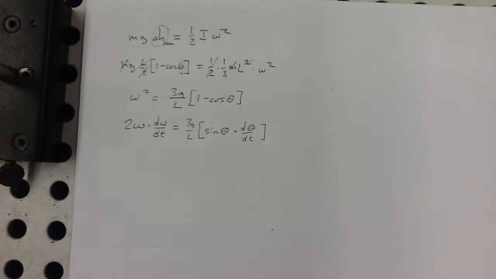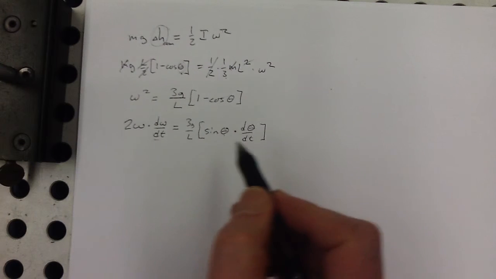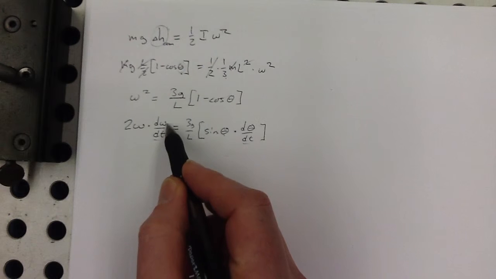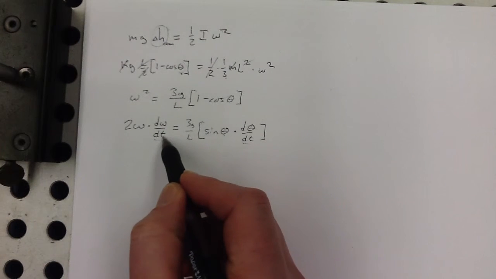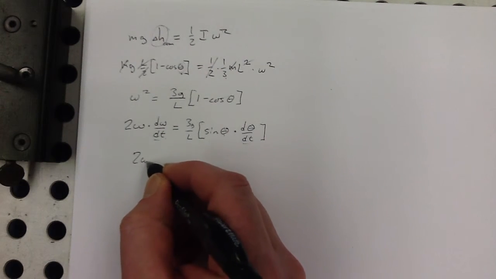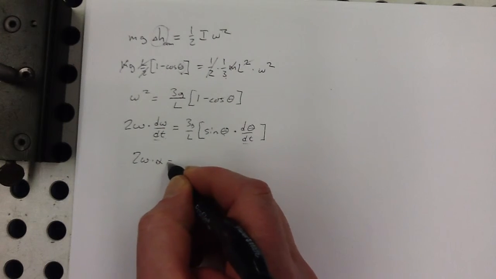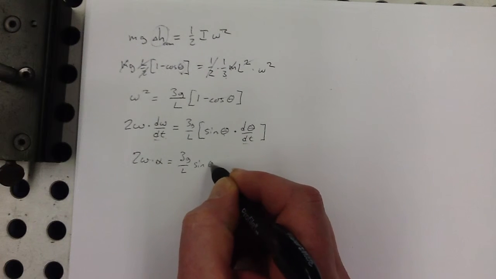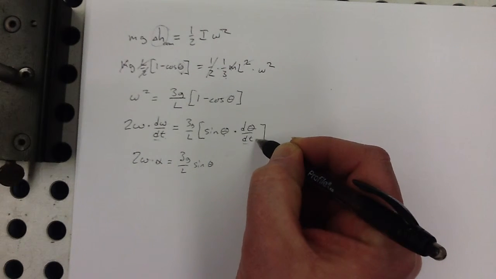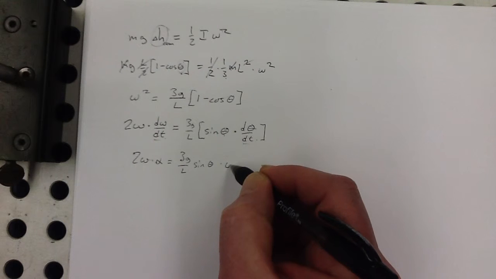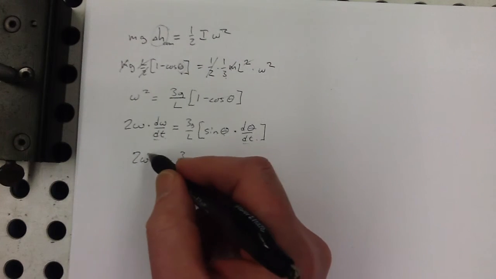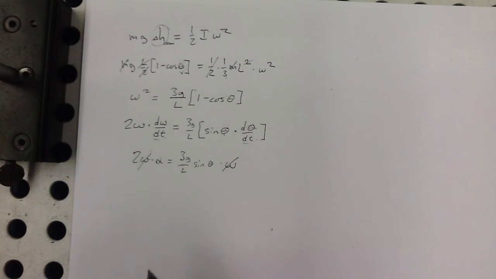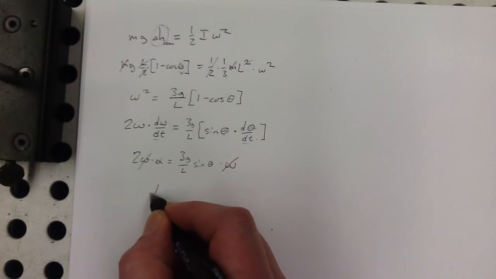Now, the cool thing about doing this in physics is that these things actually have other names, right? d omega dt, well, that's angular acceleration. d theta dt, that's angular velocity. So I got an angular velocity here and here. Those cancel out.